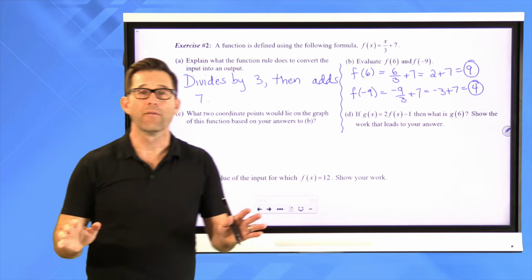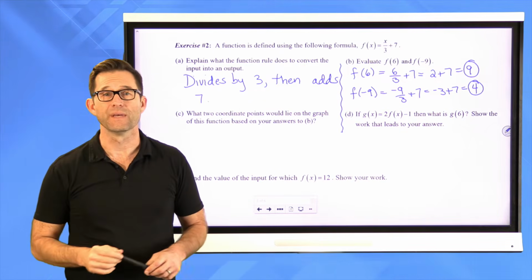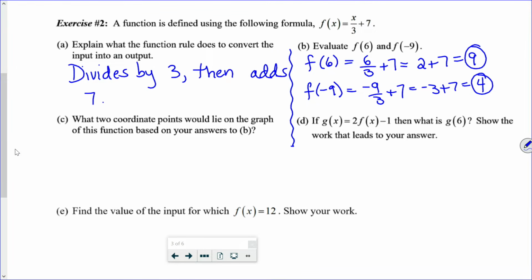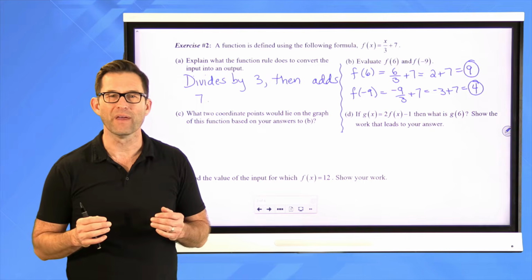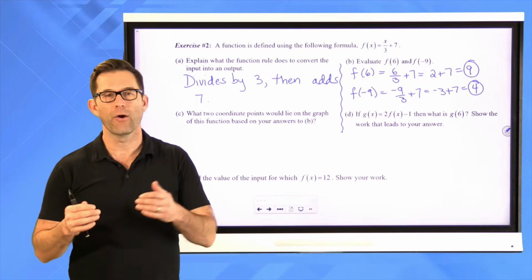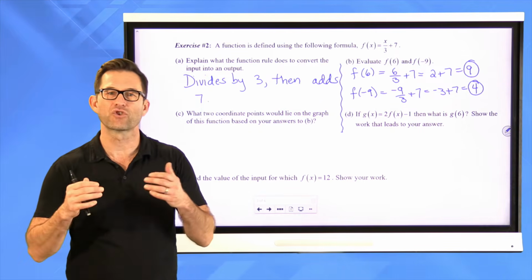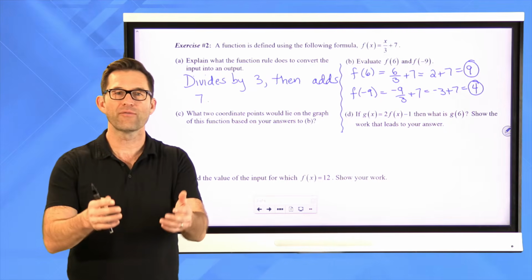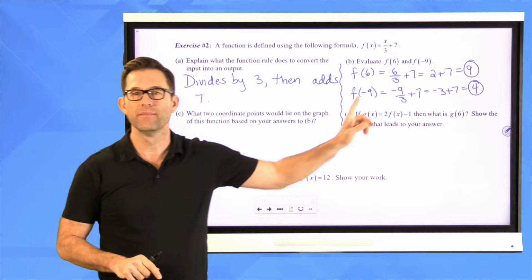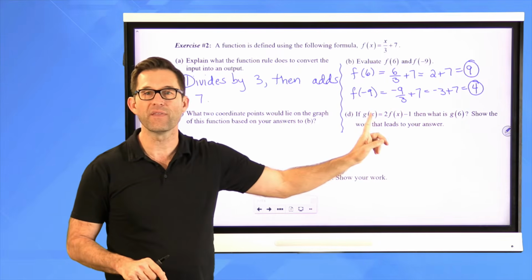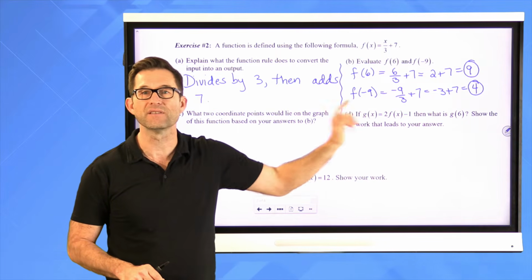Okay, now very important. Let's take a look at letter C. What 2 coordinate points would lie on the graph of this function based on your answers to B? So this is absolutely critical. We always want to be thinking a little bit about how inputs and outputs to functions would get translated to the graphical representation of a function. Never forget that the input, the thing that's sitting inside of these parentheses, is the x coordinate.